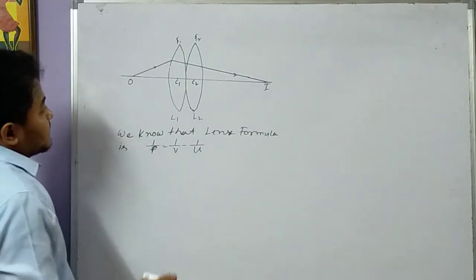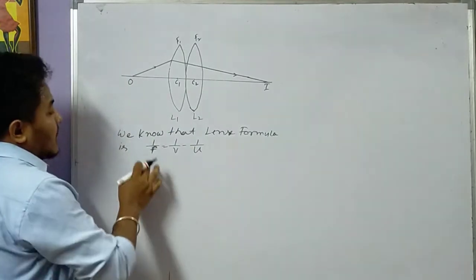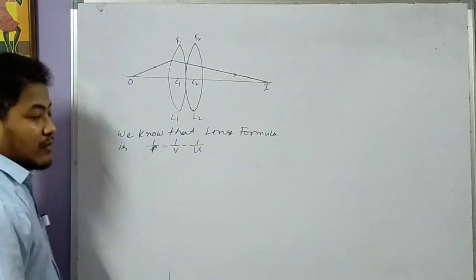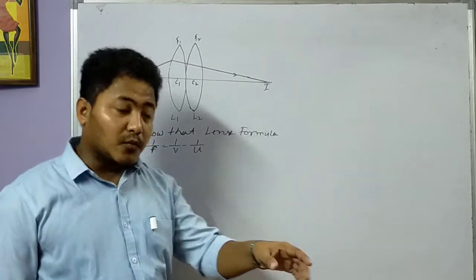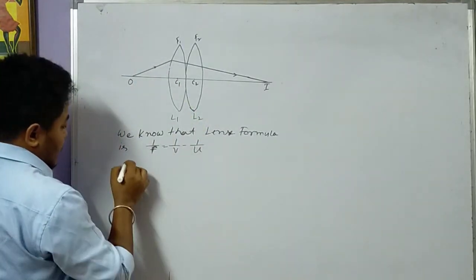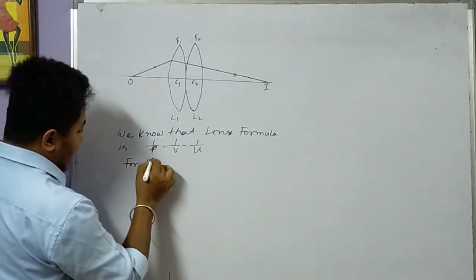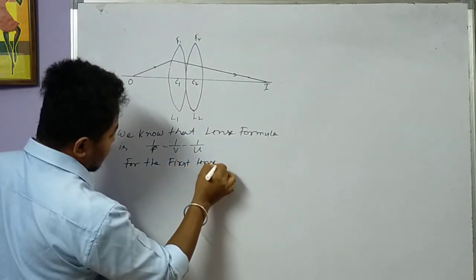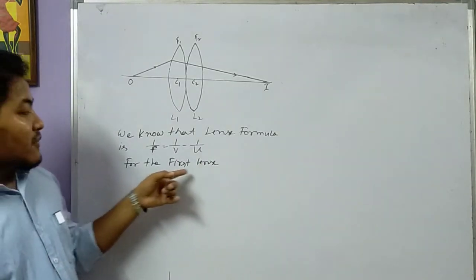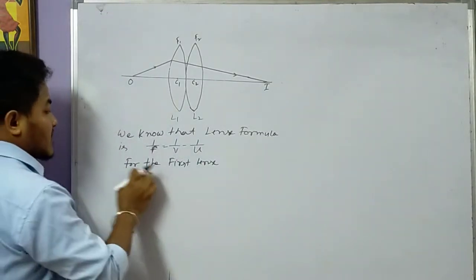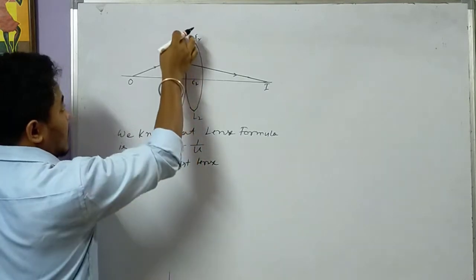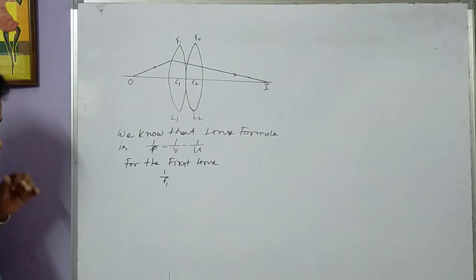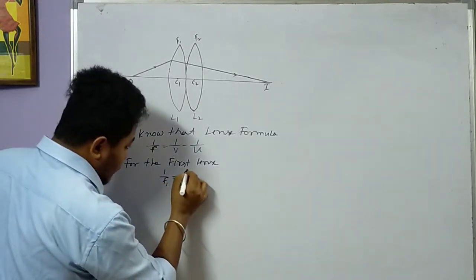Now if I apply this lens formula for the first lens, the focal length is f1, so I will write 1 by f1 is equal to 1 by v, where v is the image distance.